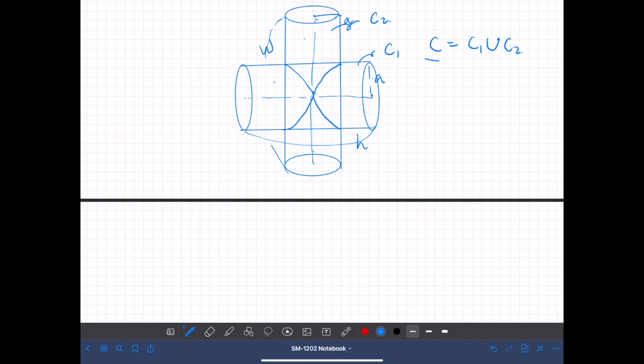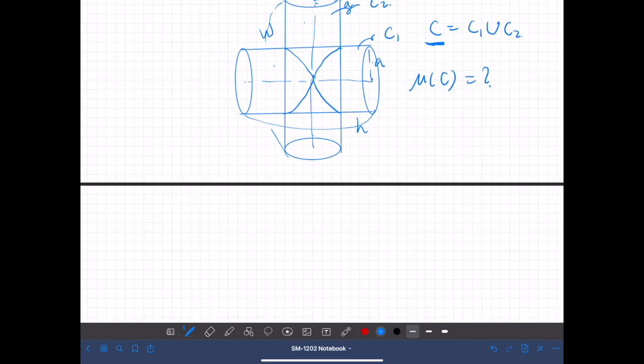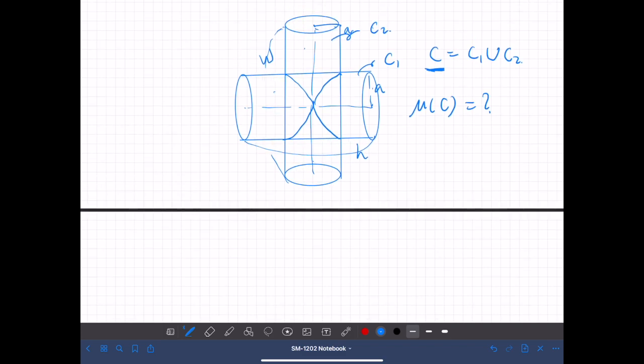So what is the volume of this solid C? To solve this problem, we put the axis of the first cylinder onto the x-axis, and we put the second cylinder along the z-axis.